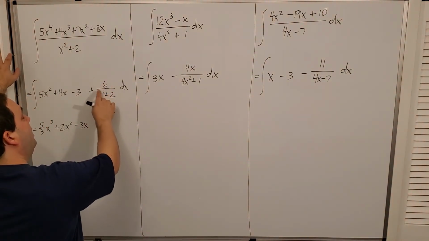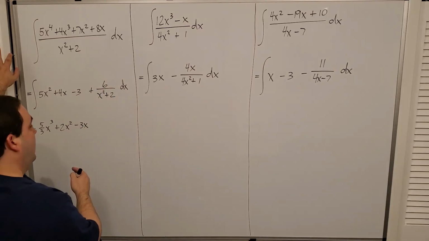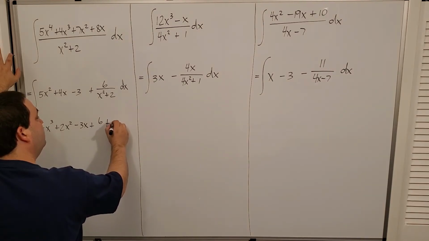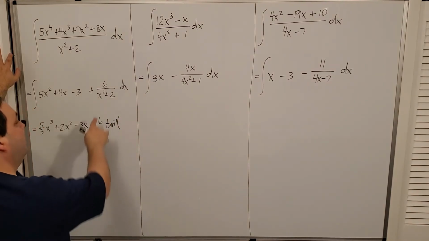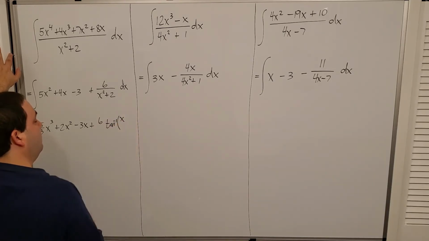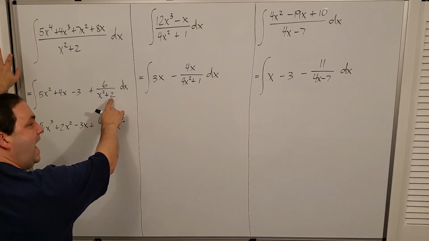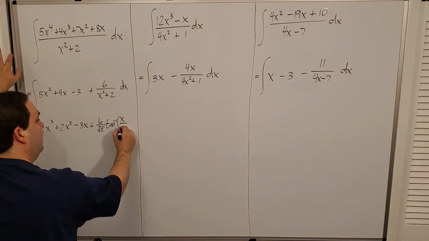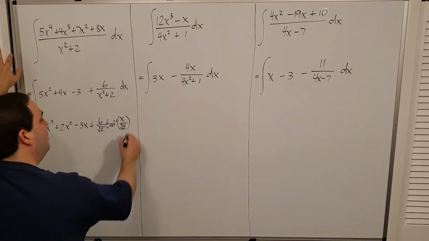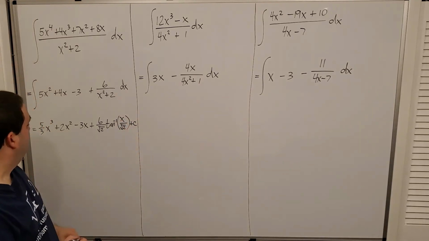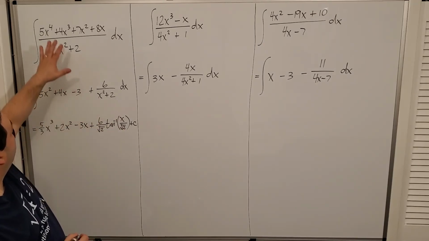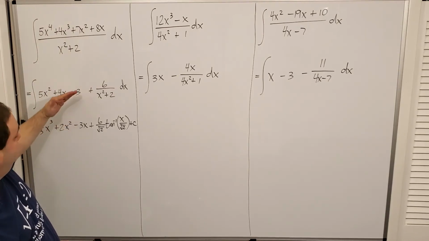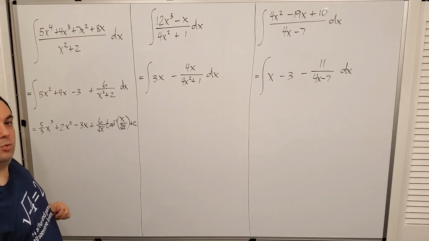And then right here, the 6 is not part of that, so I'll have to do 6 times the arctangent, right? Now the x is my variable, and 2 is my a squared. So I should have over square root of 2 and over square root of 2 for that one, plus c, right? So then I was easily able to do the antiderivative of this complicated fraction just by performing a division and then following through on individual antiderivatives.